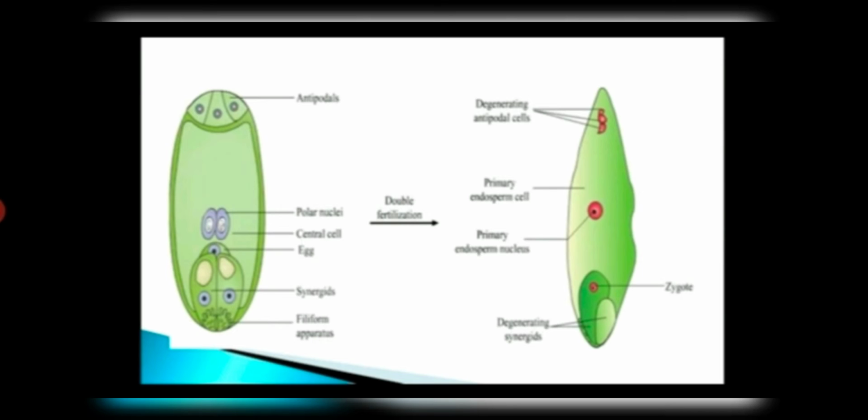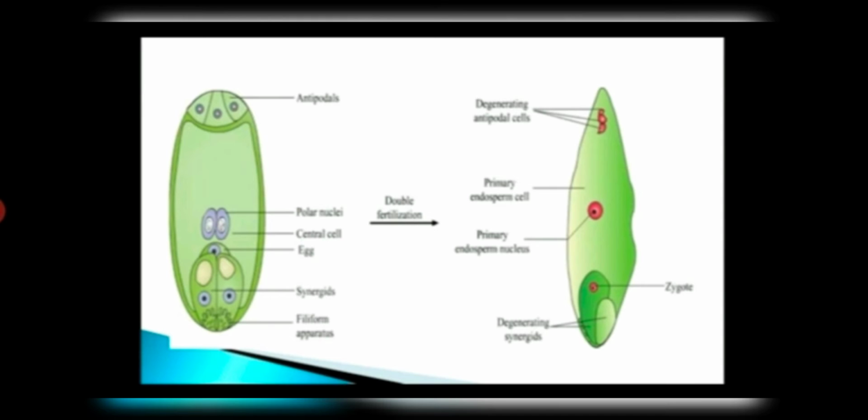After the double fertilization, changes occur in the embryo sac. See here, the primary endosperm cell is formed at the center with the primary endosperm nucleus, and at the region of the egg cell the zygote is formed.